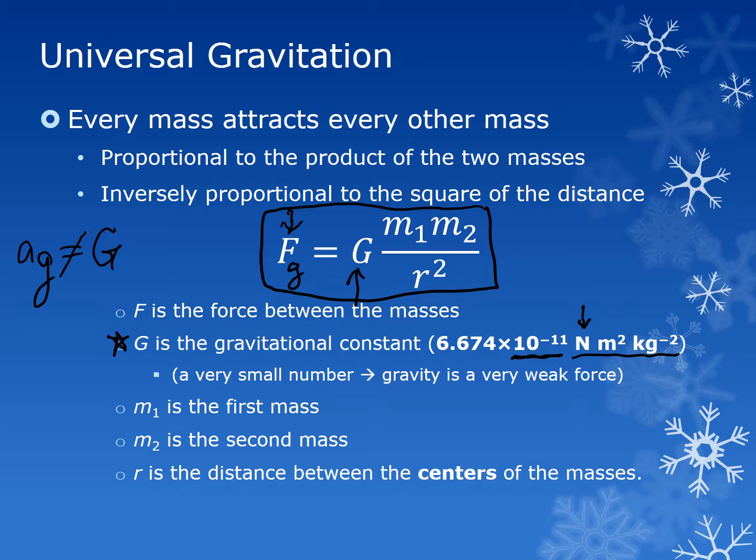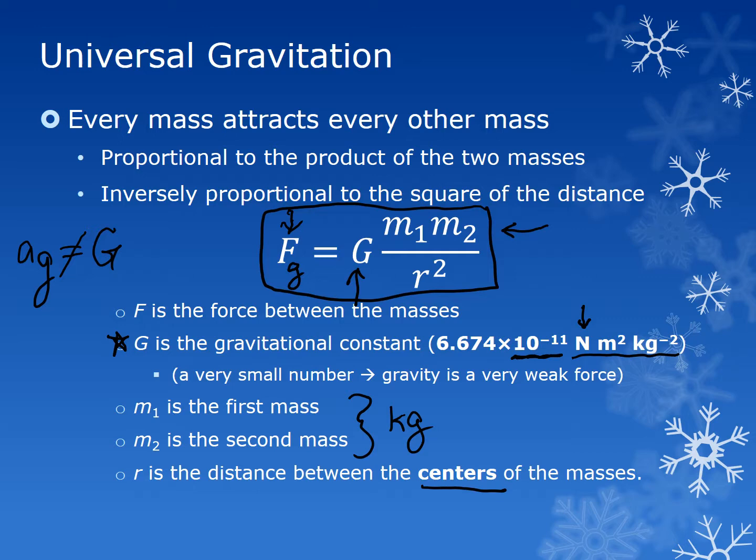It also means that the masses up here have to be very, very big in order for the force of gravity to be significant. M1 is the mass of the first object, M2 is the mass of the second object, and remember our standard unit for masses is kilograms. And then r is the distance between the centers of the masses.